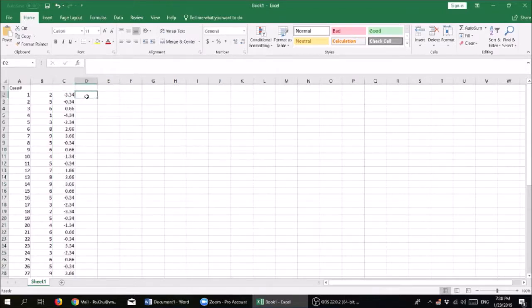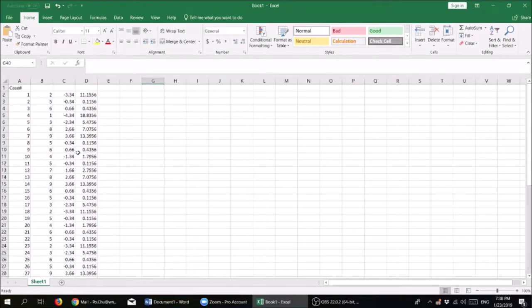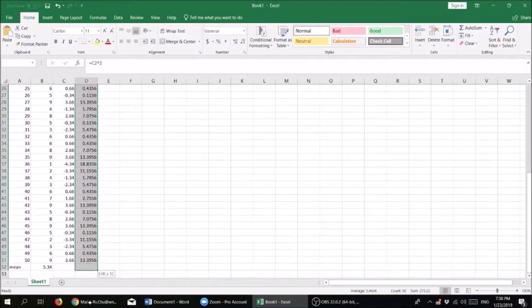Now you're supposed to square it, right? Let's just square it, and then the same thing. So this is the deviation. This is the squared value. And then the sum of square is the sum of those squared values.